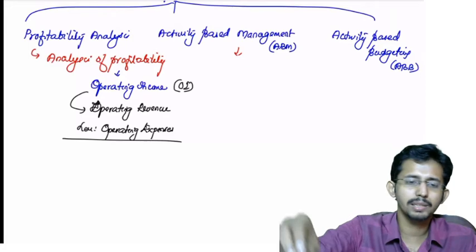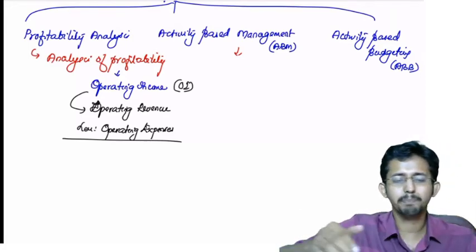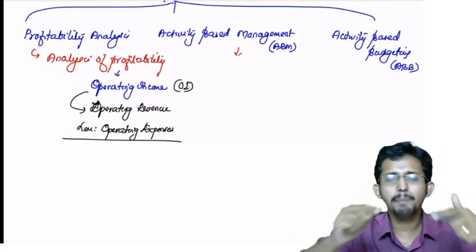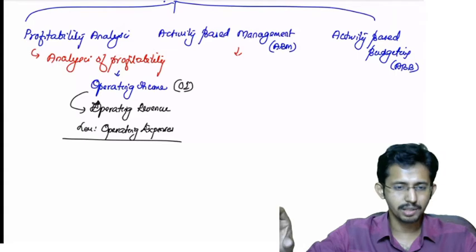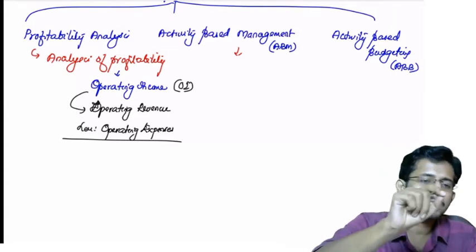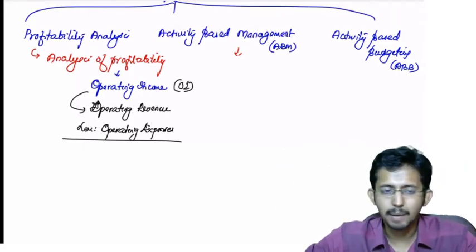You have various activities. Yes, this manufacturing is an activity. Manufacturing activity has various sub activities, and these sub activities have various subtasks. Like that, we are breaking down the entire process into various activities, and we are identifying each activity with a cost driver. Am I right?